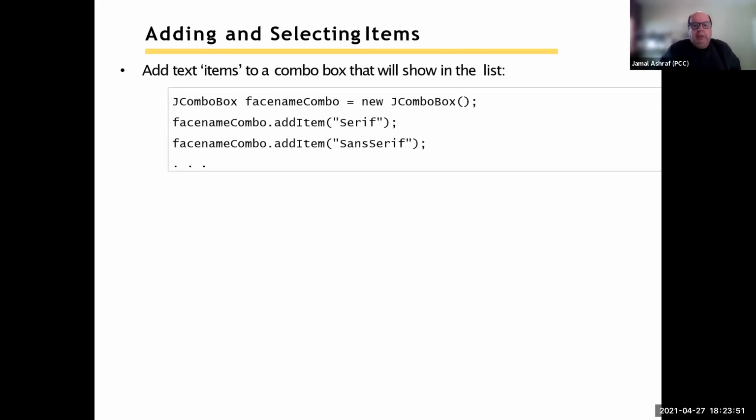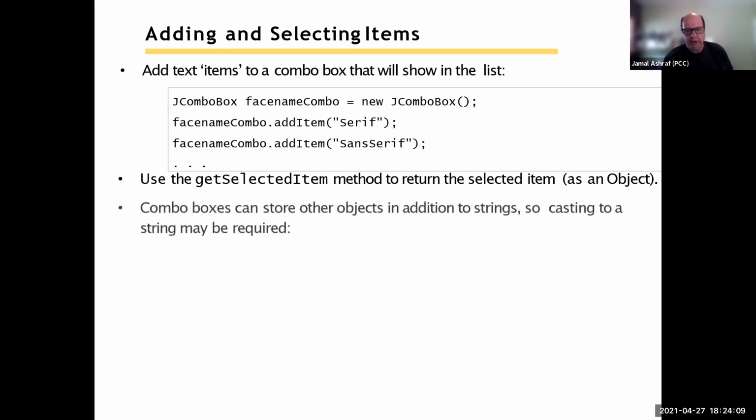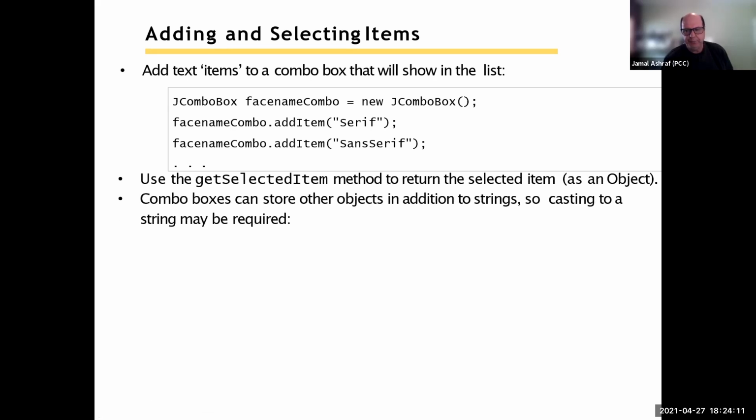So I can add these things in there. So we create a combo box and then we add items to the combo box. And as we are adding, it's going to go through the list and keep putting each one at the bottom. So we're going to have a list of these things. And then we can check to see which one is selected.